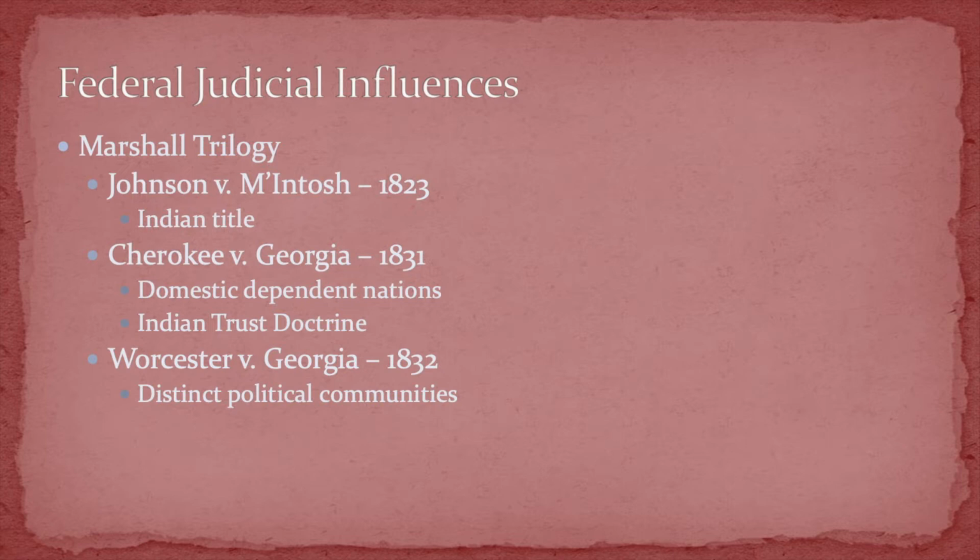So that domestic dependent nation was like, okay, we see that there's some evolution in your behavior. So you're still a nation, you're still distinct, and we get to those distinct political communities the next year, right? But you can see the evolution from one to another.